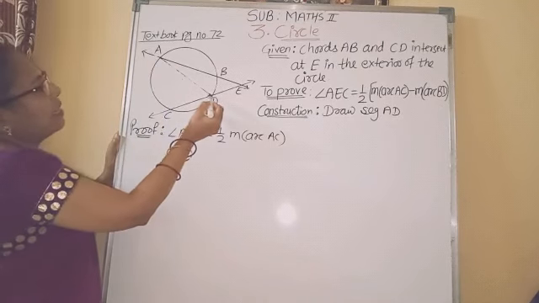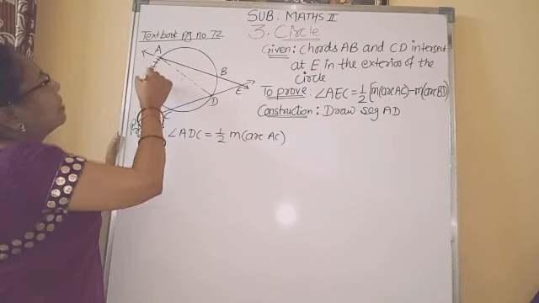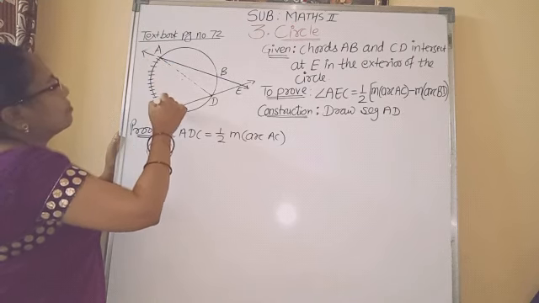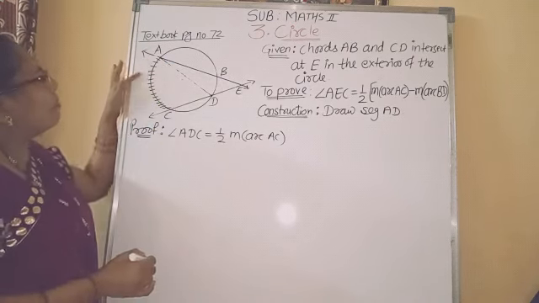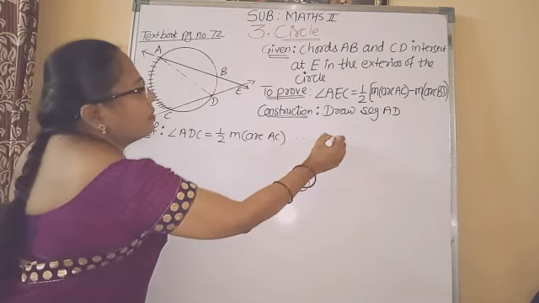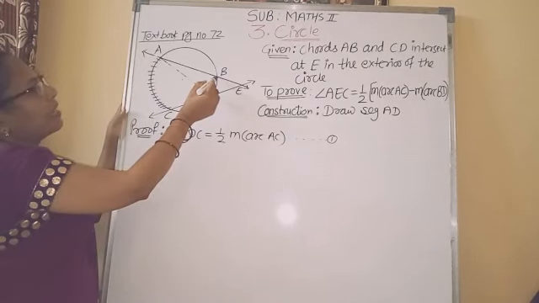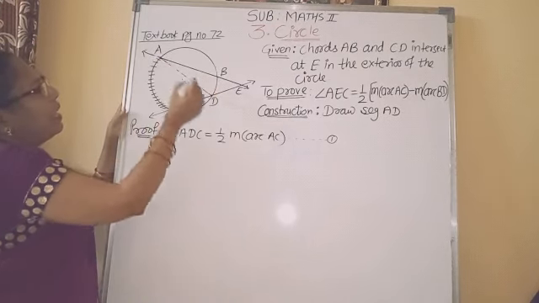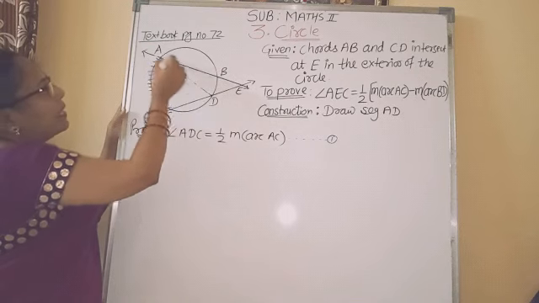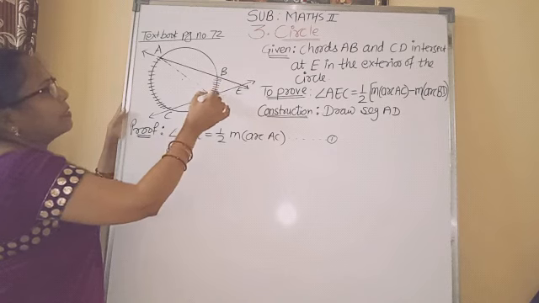Angle ADC intercepts this arc AC. So measure of this angle is half of measure of arc AC. Give it statement number 1. Second inscribed angle is angle BAD. Angle BAD intercepts arc BD.